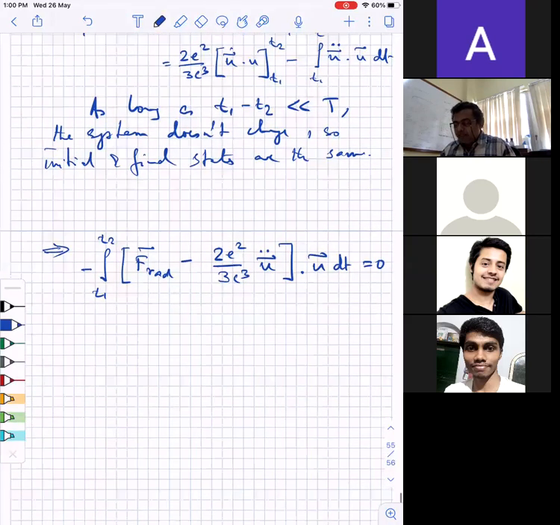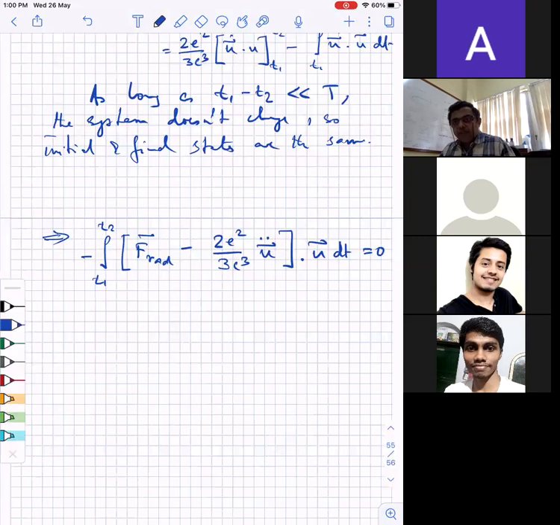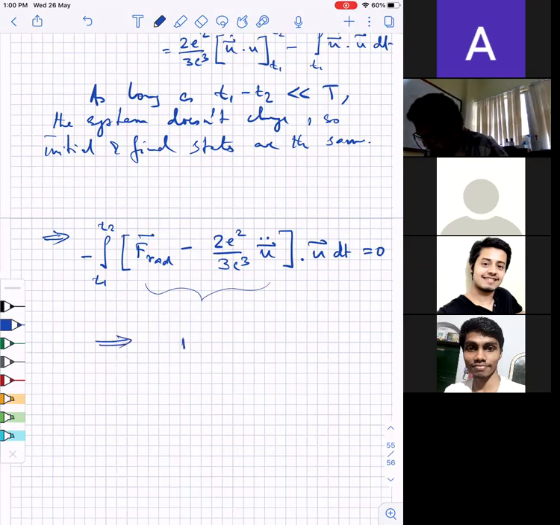And this tells me, because your u dt is arbitrary, this thing should be 0. And this therefore implies that my F_rad, the radiation force, is equal to 2e squared by 3c cubed, double dot.